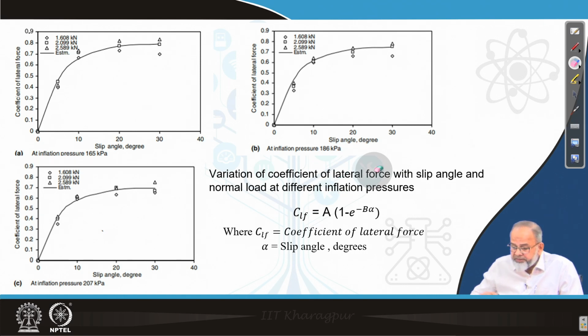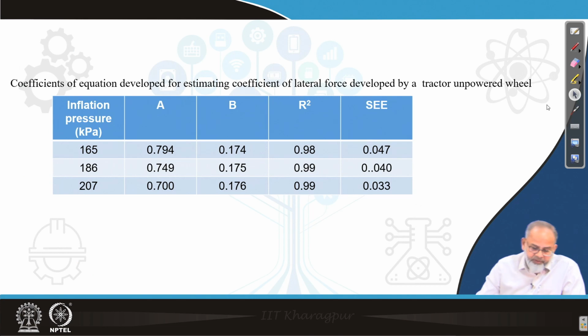These values are listed in this table, which I am going to show now. For different inflation pressures, we try to find out the values of A, B, and the equations which we developed, what is its R square, and what is the standard error of estimate.